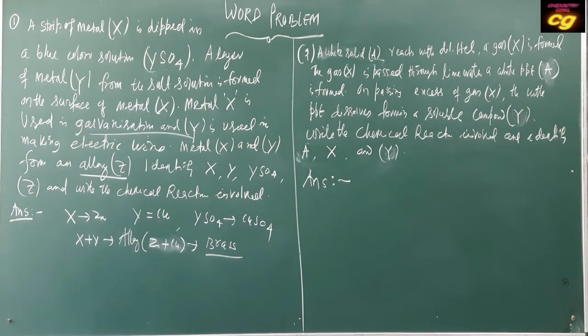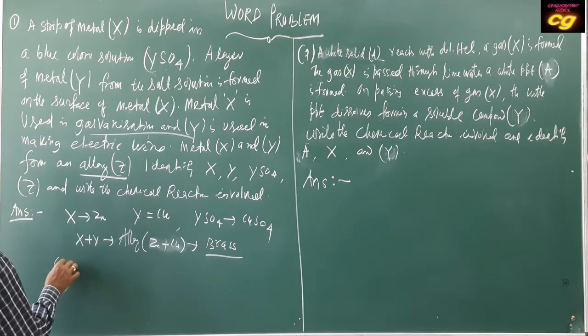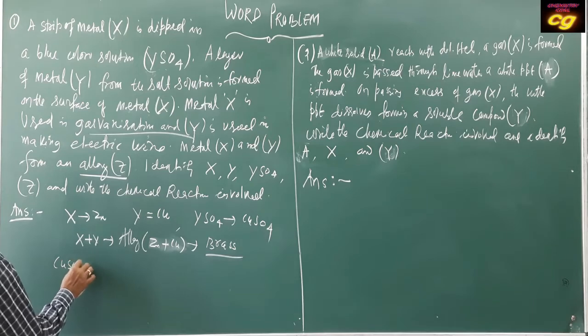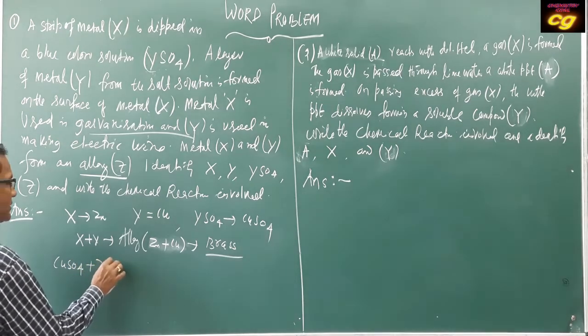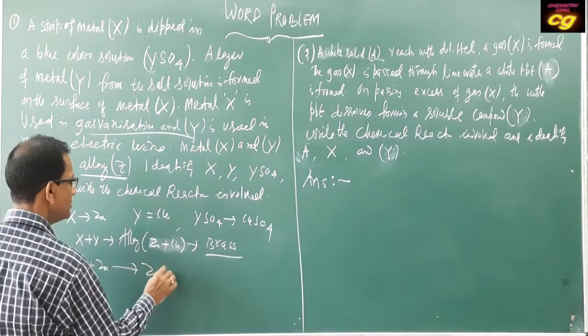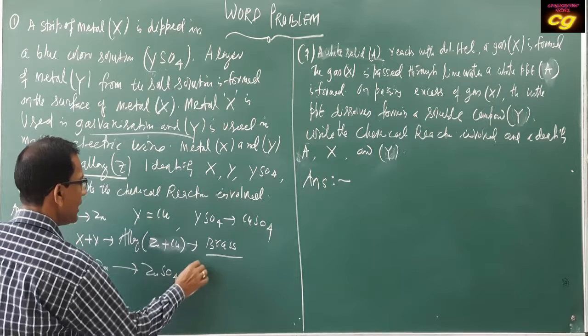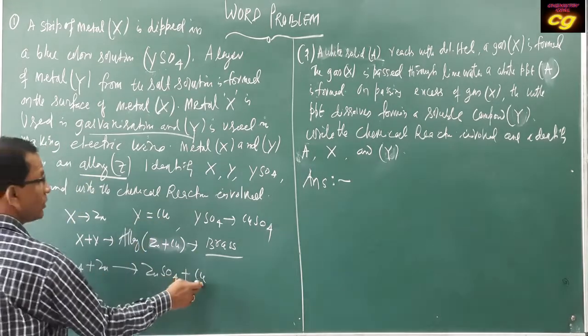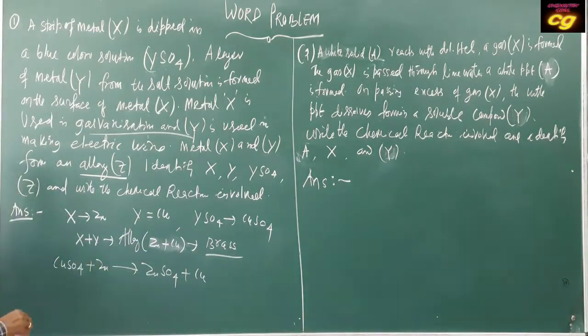Copper and zinc. So if you see the reactions, what happens here? Copper sulfate and zinc react to give zinc sulfate and copper. So the copper will be deposited over zinc.